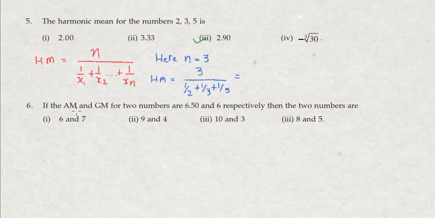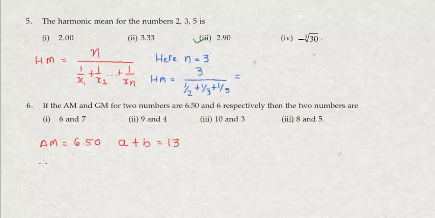If the arithmetic mean and geometric mean for two numbers are 6.50 and 6 respectively, then the two numbers are? So if the arithmetic mean is equal to 6.5, then we can definitely say that the total of two observations, suppose the two observations are A and B, will be 13, that is 6.5 into 2.